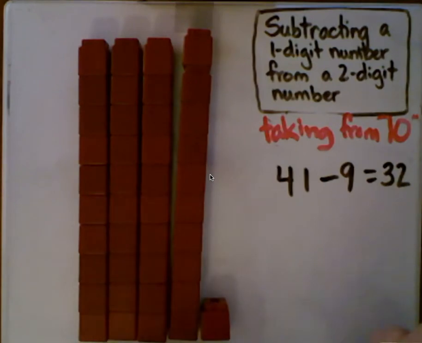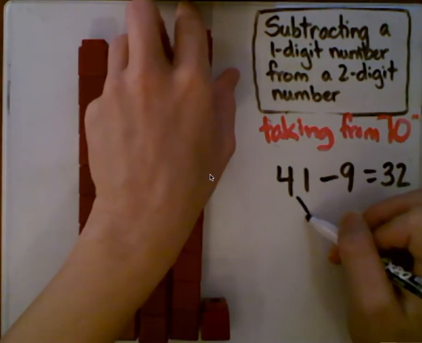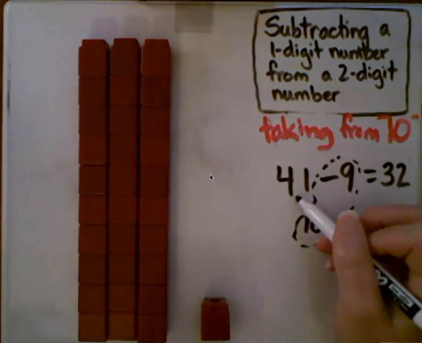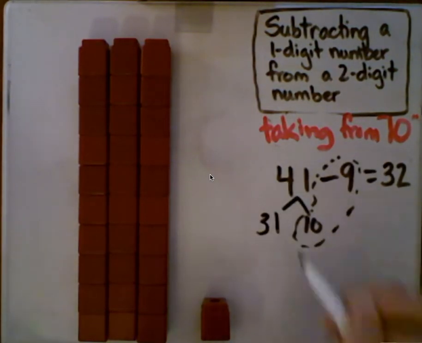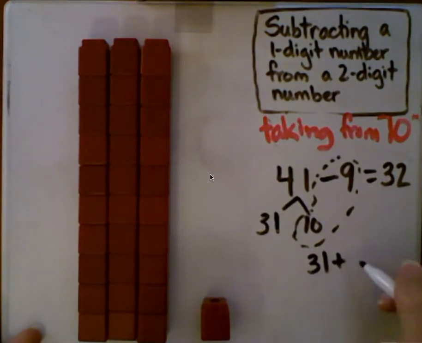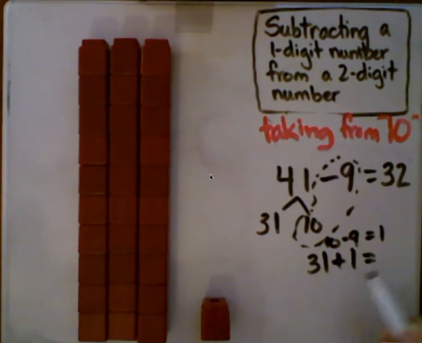I picked up a 10 stick, and that's where I took my 9 from, and that left 31 cubes in their place. So I ended up adding 31 plus 1, because I had 10 minus 9 equaled 1, and then 31 plus 1 equals 32.